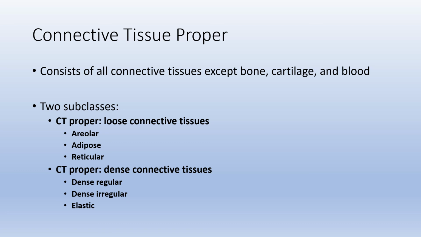Listed on the screen, the three types of loose are areolar, adipose, and reticular. The three types of dense are dense regular, dense irregular, and elastic. Now what we will do is talk about those six types of connective tissue proper belonging to the two subclasses.